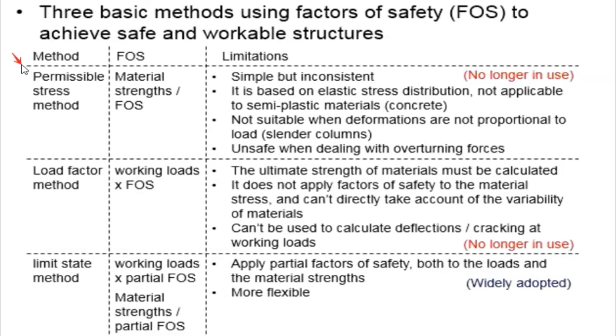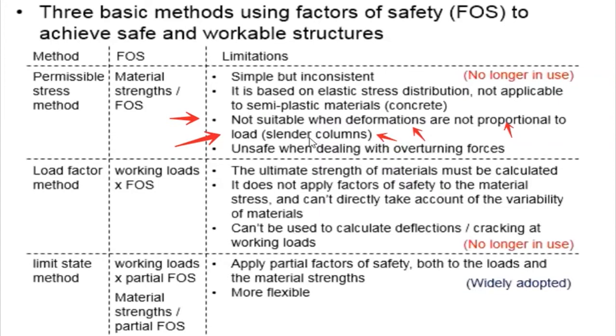Now consider the first method, the permissible stress. If you consider it in terms of material stress, the factor of safety has the following limitations. It is simple, but it is inconsistent, and basically it is based on elastic stress distribution. Also, it is not suitable when the deformation is not proportional, for example in slender columns.